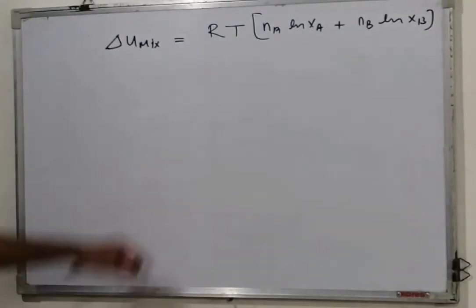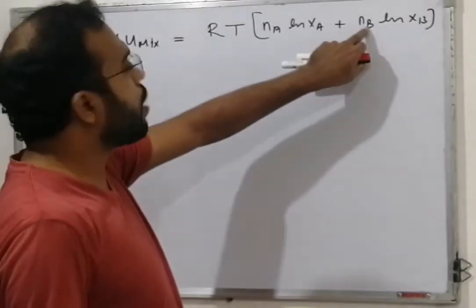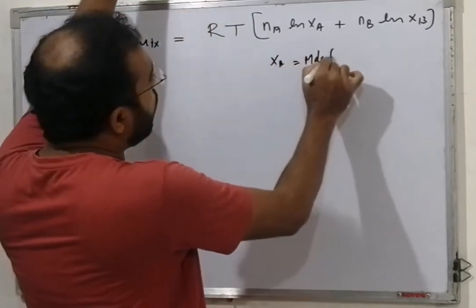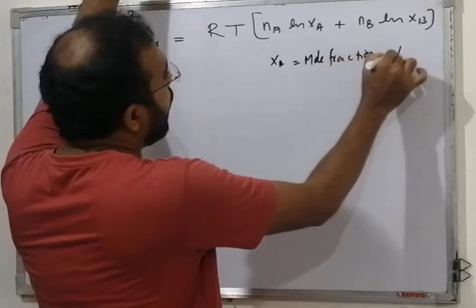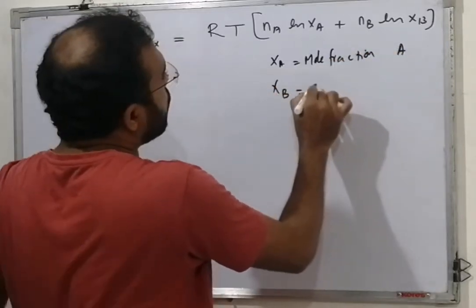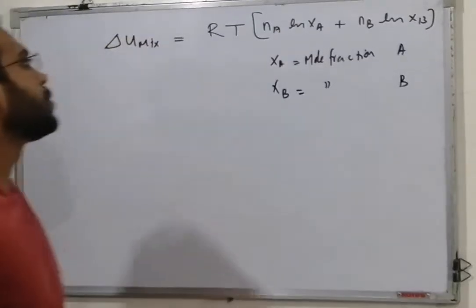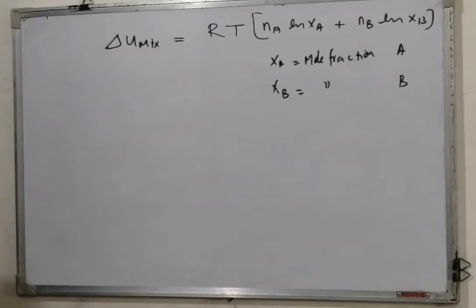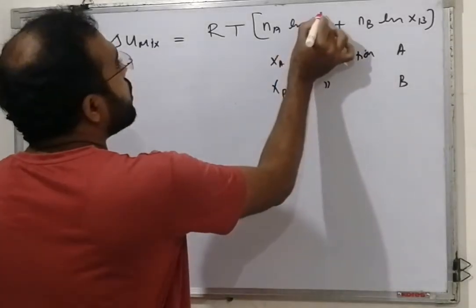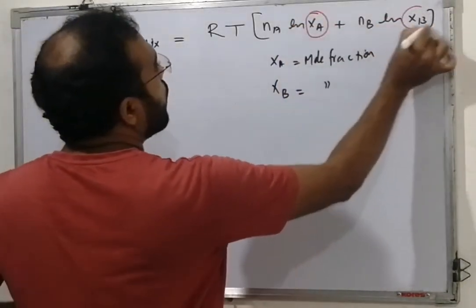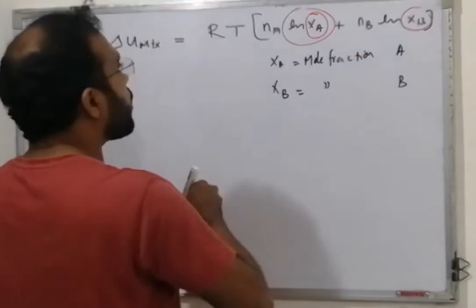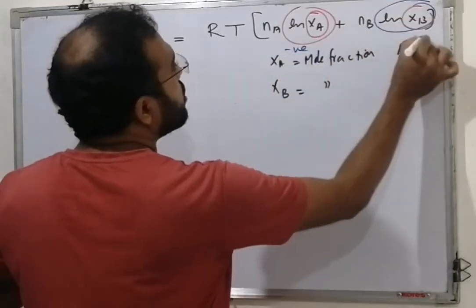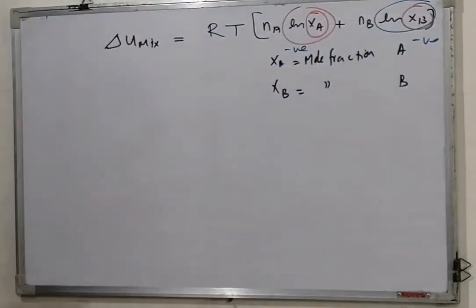NA is the number of moles of component A, NB is the number of moles of component B, XA is the mole fraction of A, XB is the mole fraction of B. This entire value will be negative. Why? Because this is a fraction, this is also a fraction, therefore ln of this value will be negative and this value will also be negative, therefore the entire value will be negative.